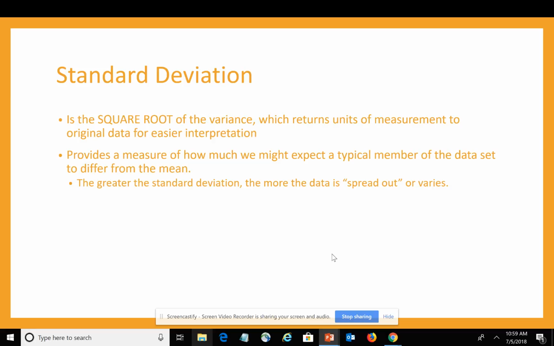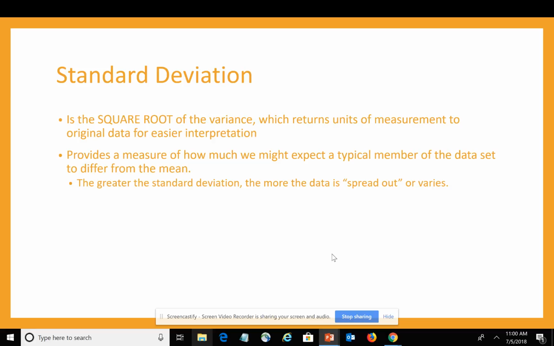The standard deviation, along with the mean, is one of the most important measures for a data set. Again, because it uses all of the data values, and it also is used in other statistical calculations, as we'll see a little bit later. So the standard deviation provides us a numerical measurement of how we might expect a typical member of the data set to differ from the mean.